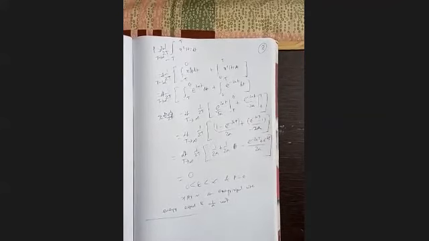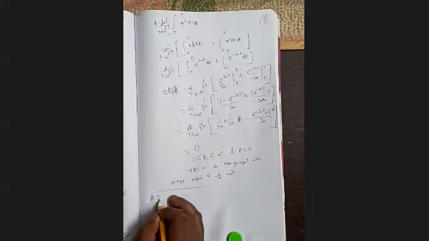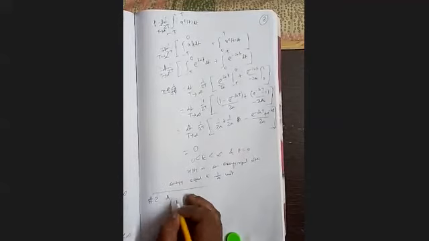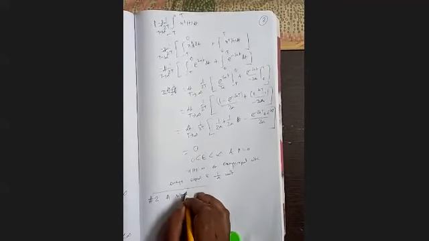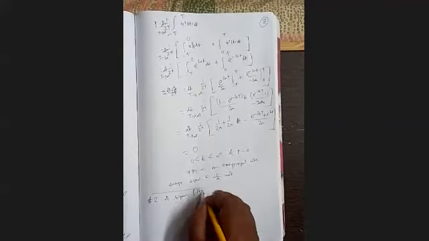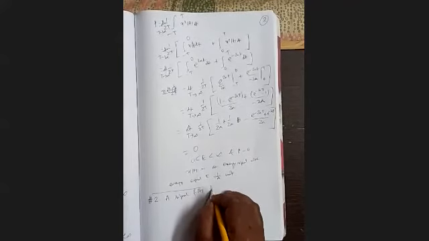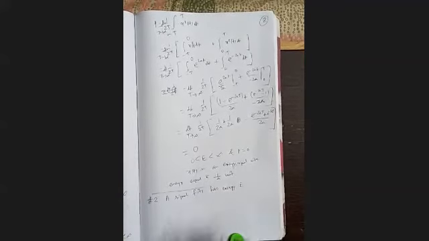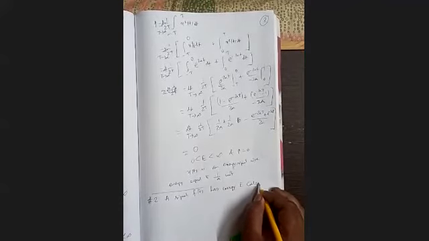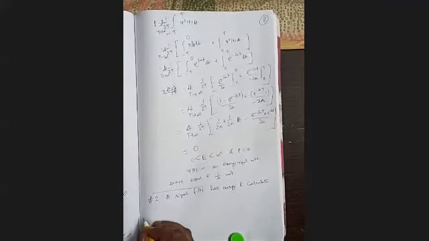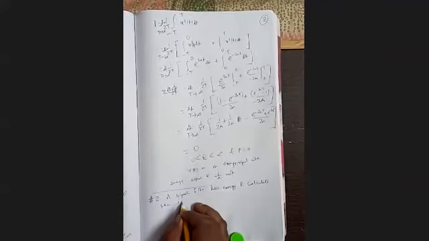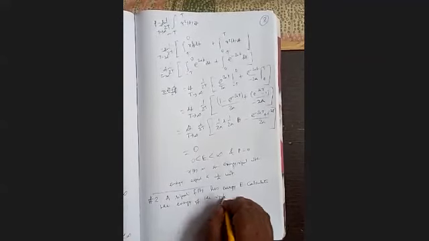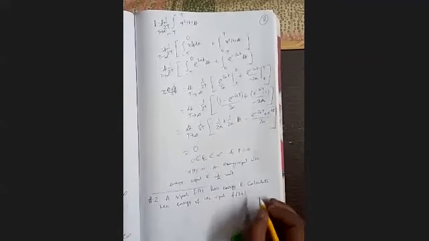Our next problem. A signal f of t has energy E. Calculate the energy of the signal f of 2t.